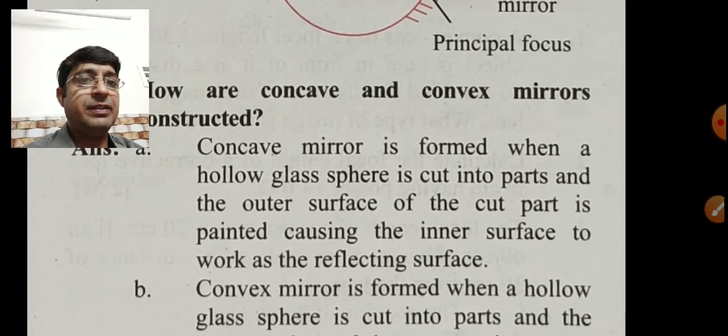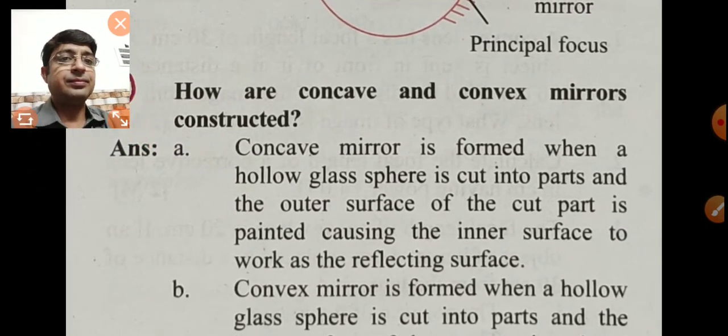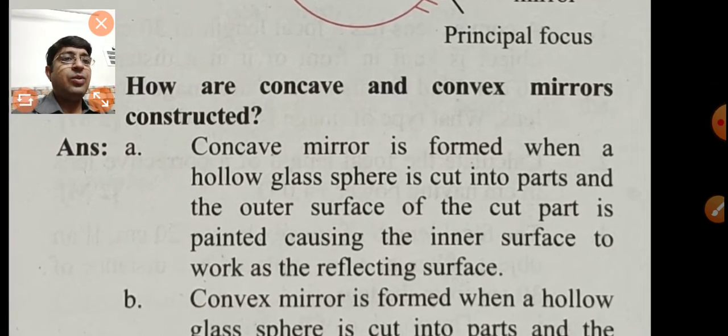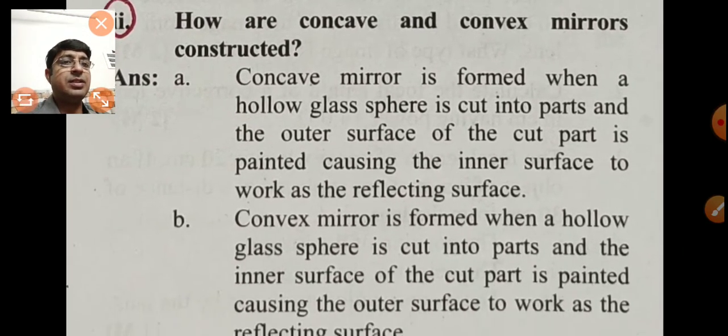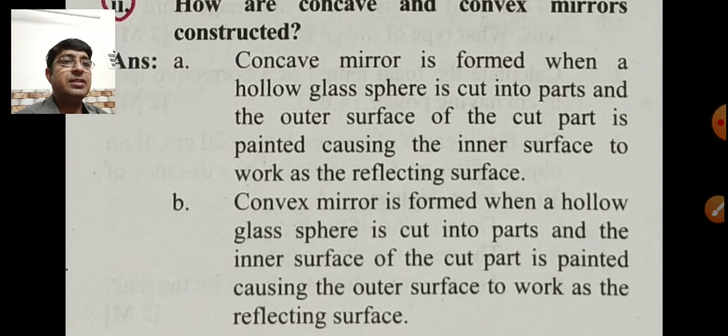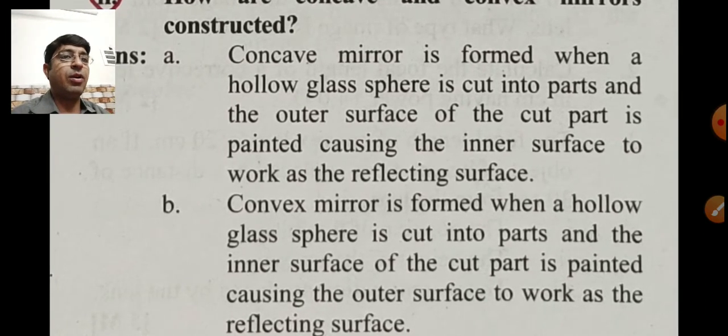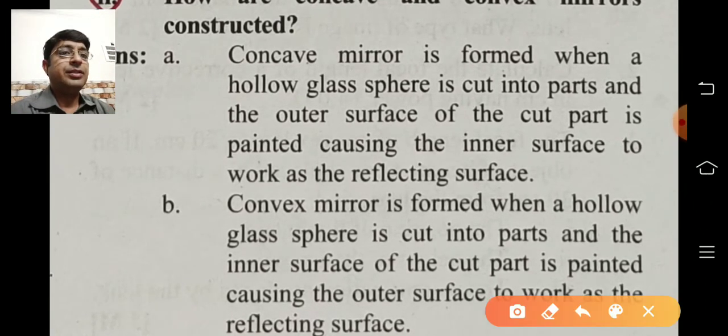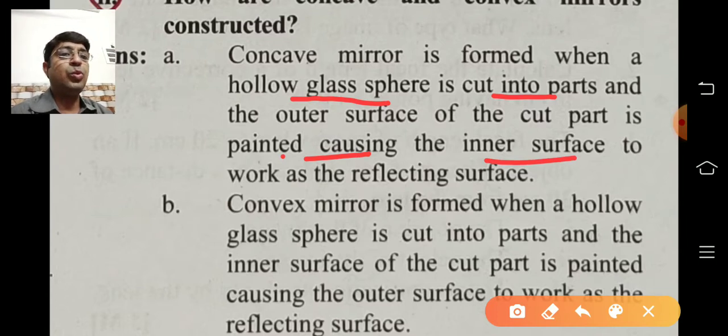Second question given here. How are concave and convex mirrors constructed? So first one, a concave mirror is formed when a hollow glass sphere is cut into parts and the outer surface of the cut part is painted, causing the inner surface to work as the reflecting surface.